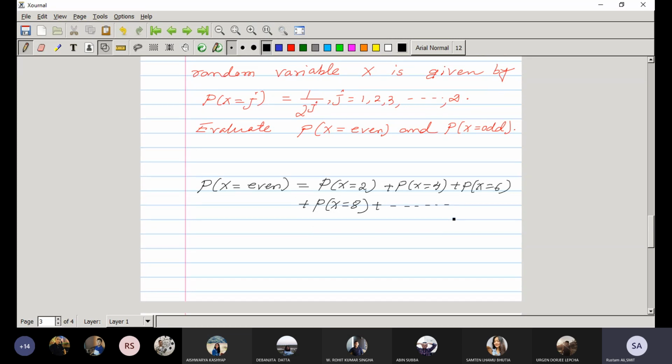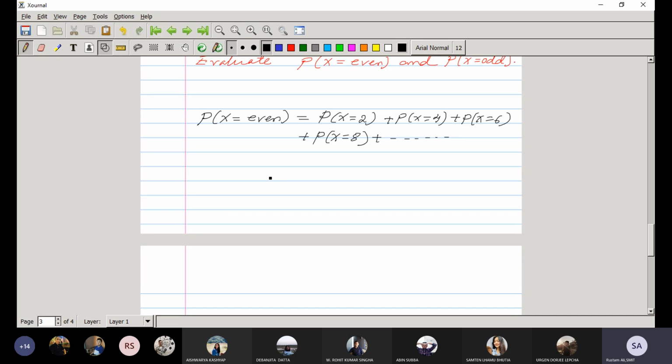Now from that formula we can generate probability x equal to 2. That will be 1 by 2 squared plus 1 by 2 to the power 4 plus 1 by 2 to the power 6, and so on.